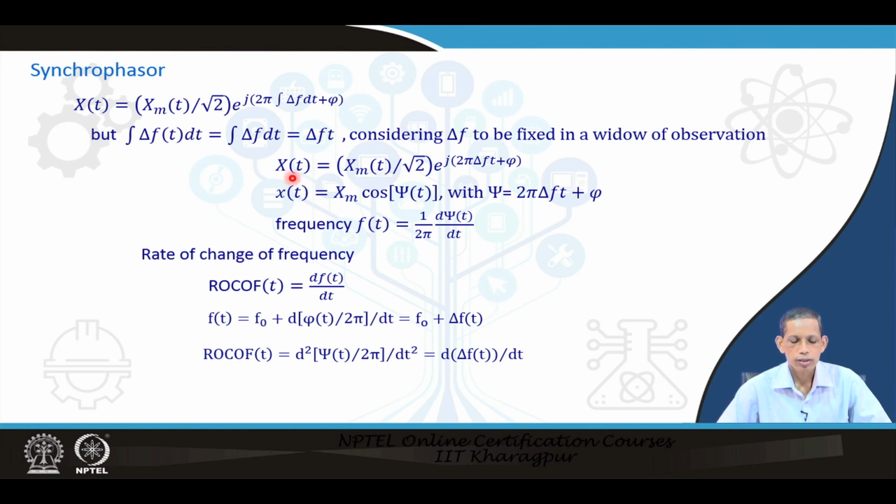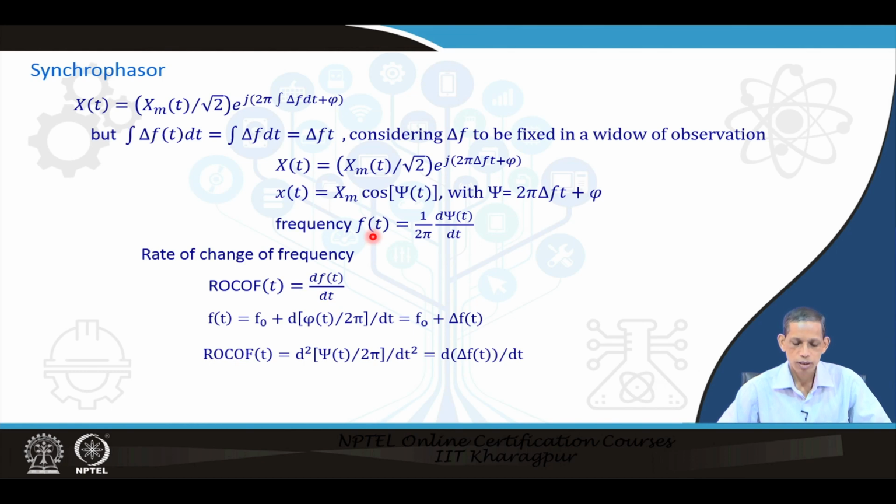So this leads to X(t) equals X_m(t) by root 2 e to the power j (2 pi delta f t plus phi), and if we represent this angle as psi(t), we get the frequency as 1 by 2 pi d psi(t) by dt, the frequency of the signal f(t). The rate of change of frequency, ROCOF, is an important index from the power system operation perspective, and it equals d f(t) by dt.